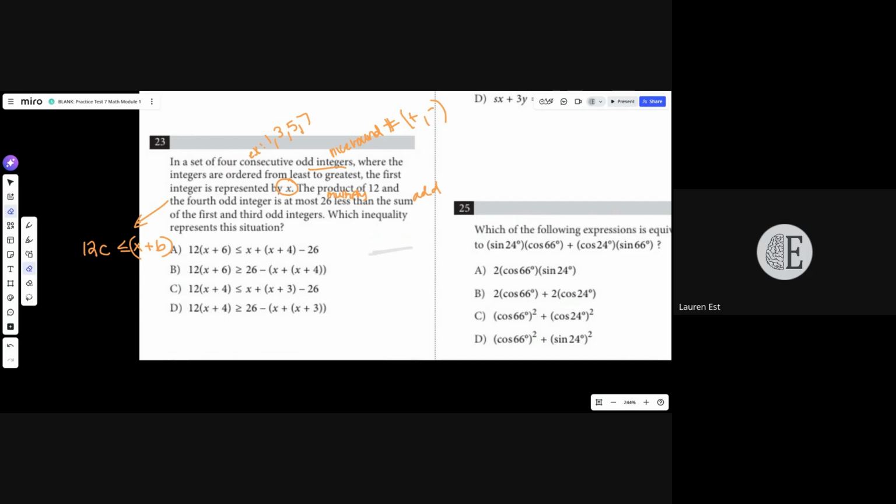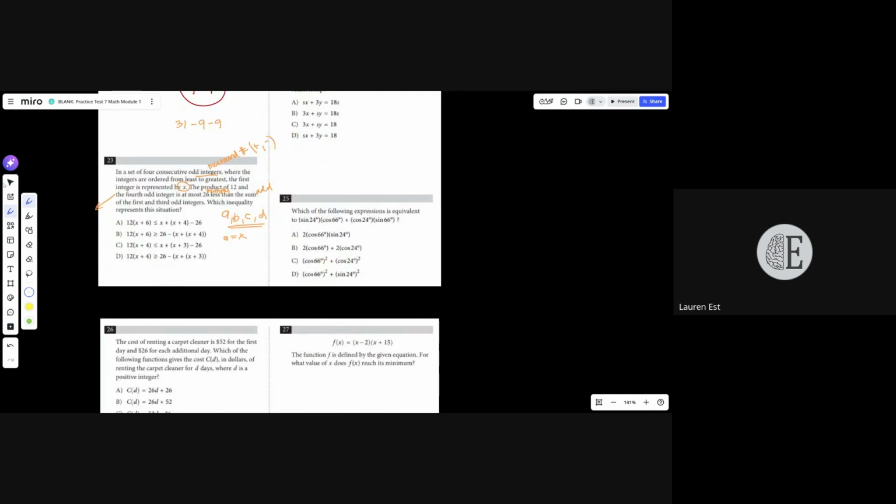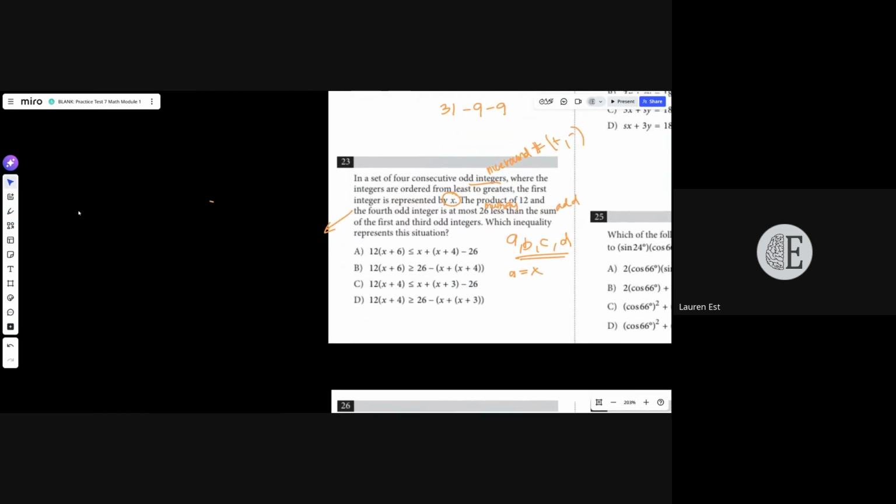I hate the way that, for teaching purposes, I'm going to do this. I'm going to put that away. I'm going to do A, B, C, D are my 4 integers. So then I'm going to say A is equal to X. Great. So then, sorry, I need more room.